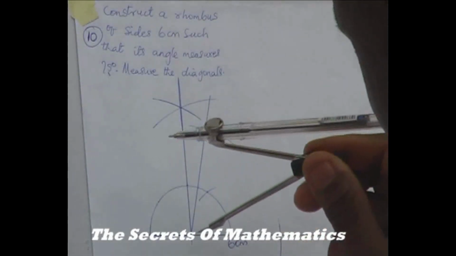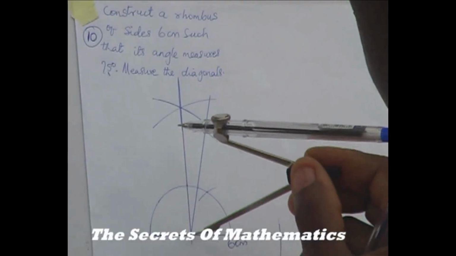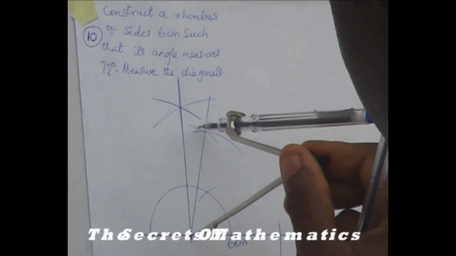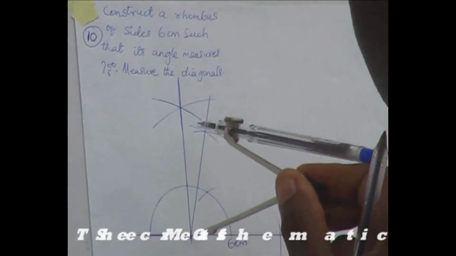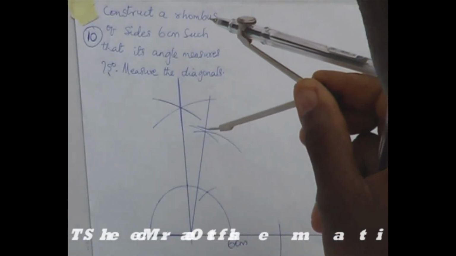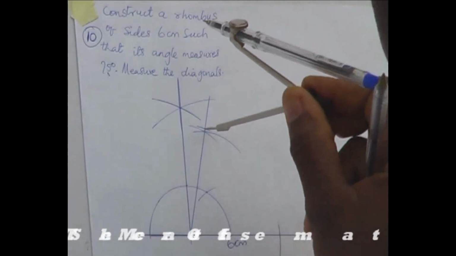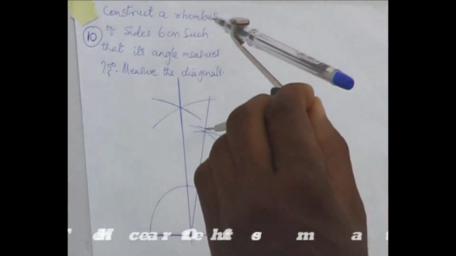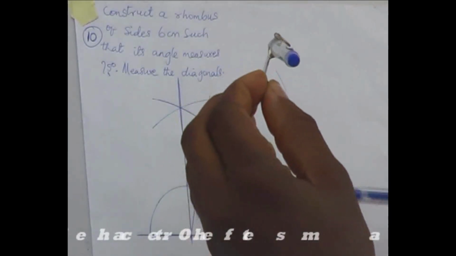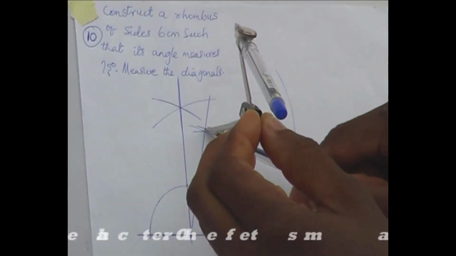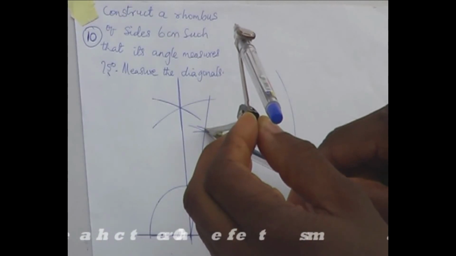Now, put the point here and cut off 6 centimeters along this line. Then, put the tip here again, make an arc. This arc is 6 centimeters from the point of the sharp end of your compass.